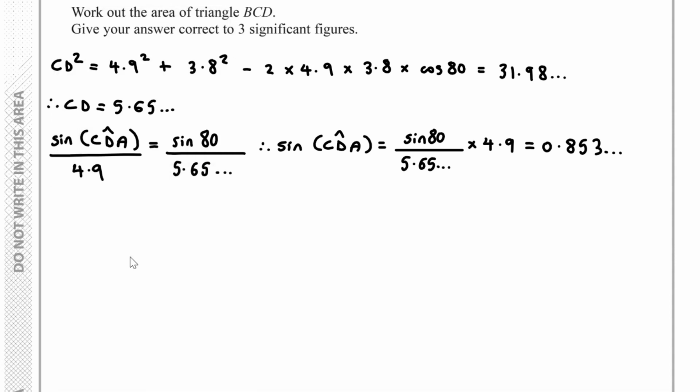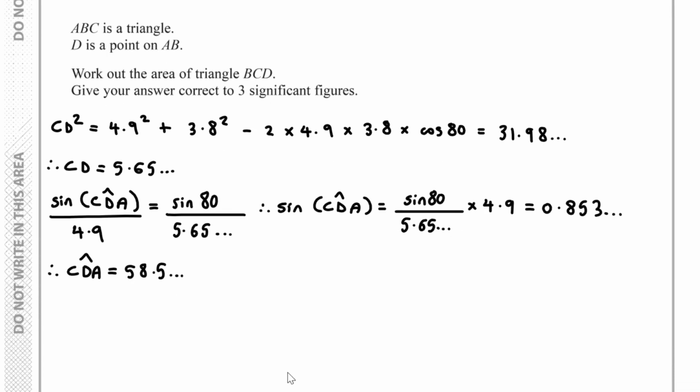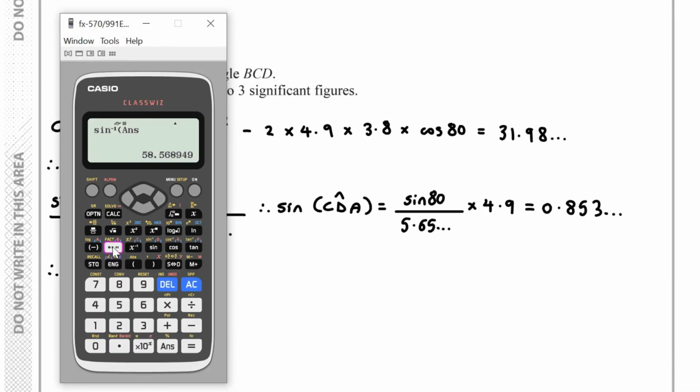So we've got 58.5, etc. So CDA is equal to 58.5, etc. degrees. Let's store this into our calculator under B.